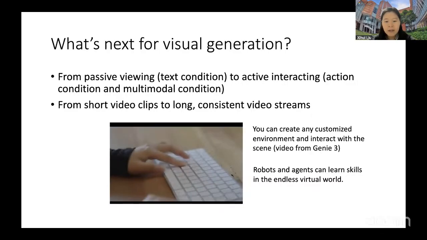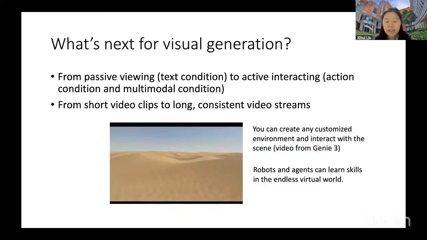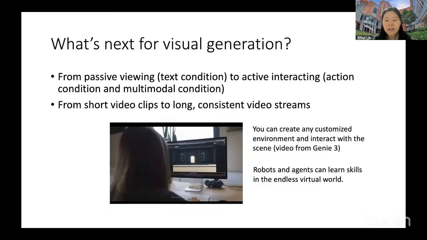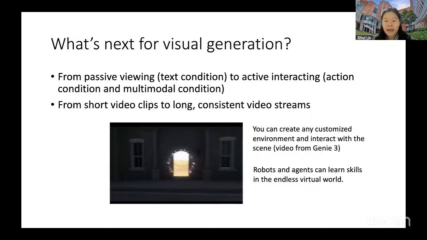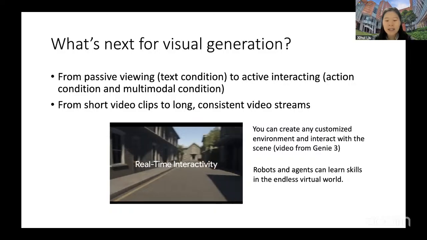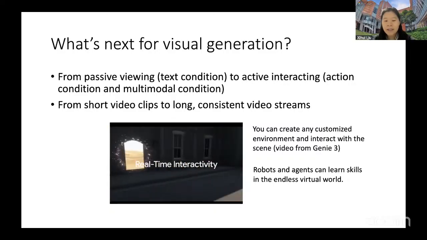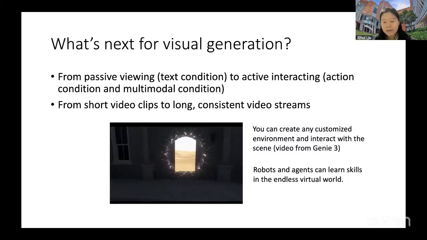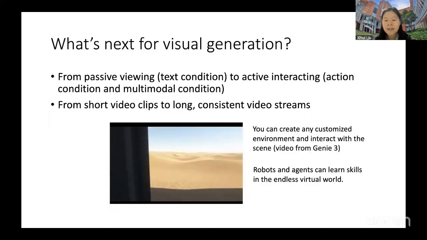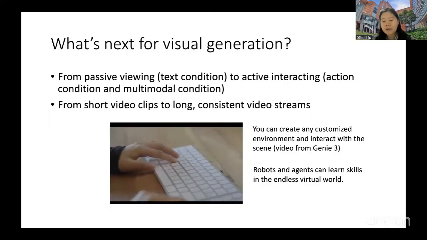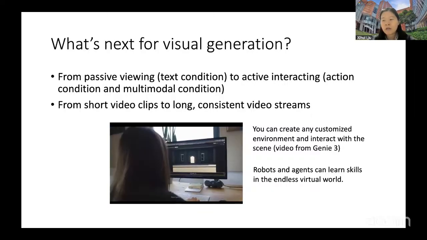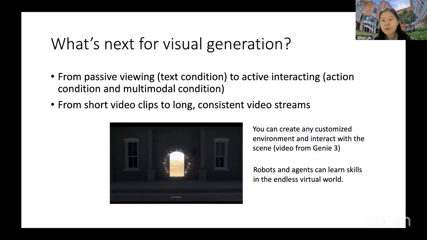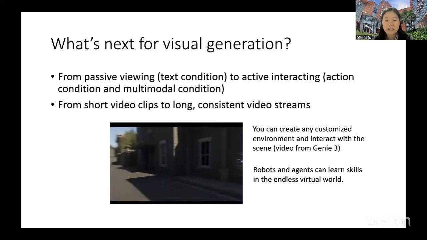Also, this type of application sheds light on future robotics and embodied AI, because if we can have such generated environments that can interact with robots or agents, then we can enable robots or agents to learn skills in this endless virtual world, just like what we have done previously with simulation environments.